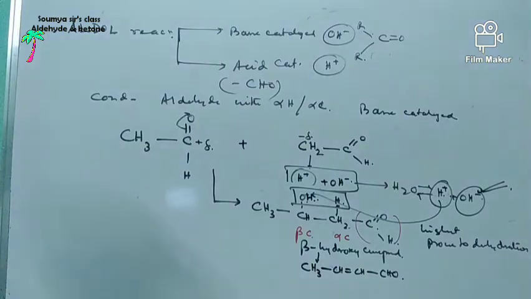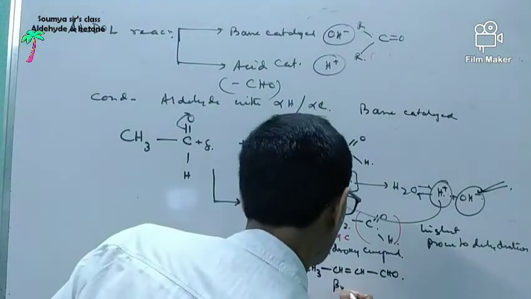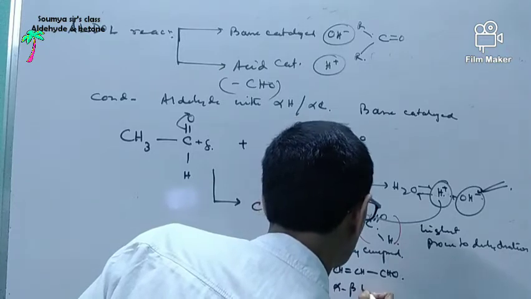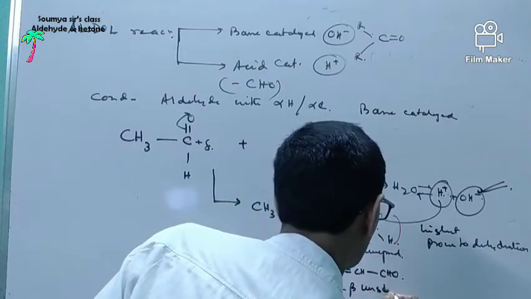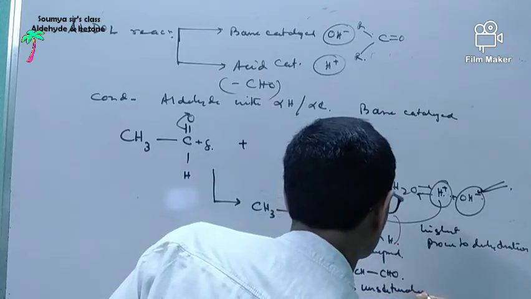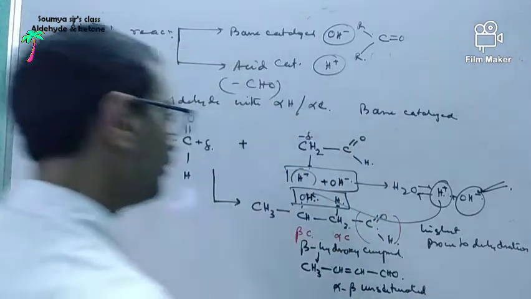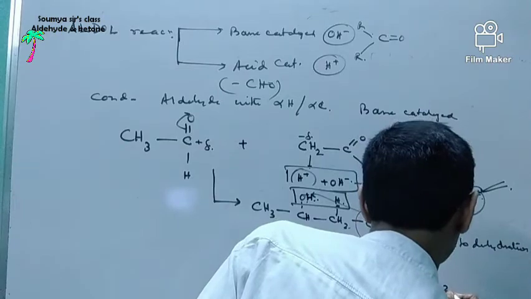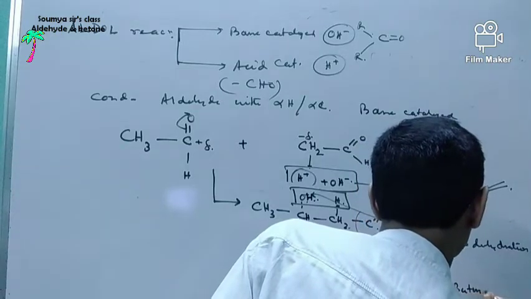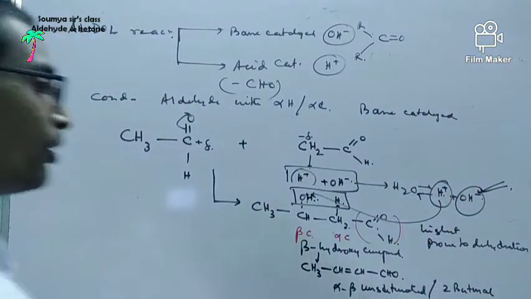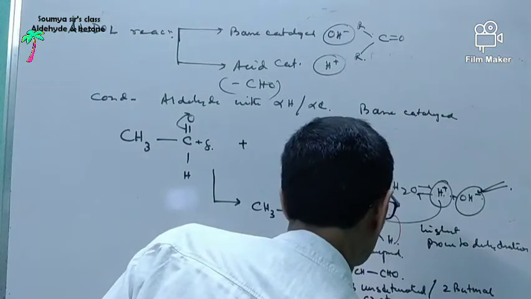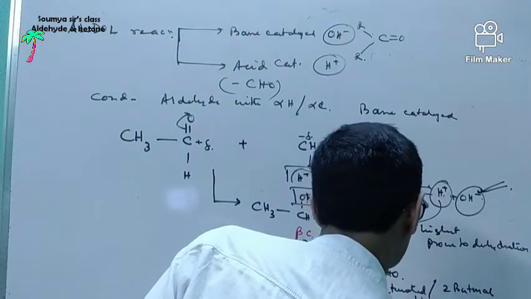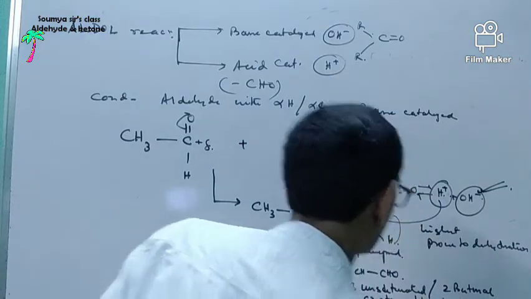So this is beta hydroxy, alpha beta unsaturated aldehyde. Alpha beta unsaturated aldehyde, you may call it 2-butenal according to IUPAC, or crotonaldehyde. And again I am mentioning crotonaldehyde, which I have mentioned in earlier classes.